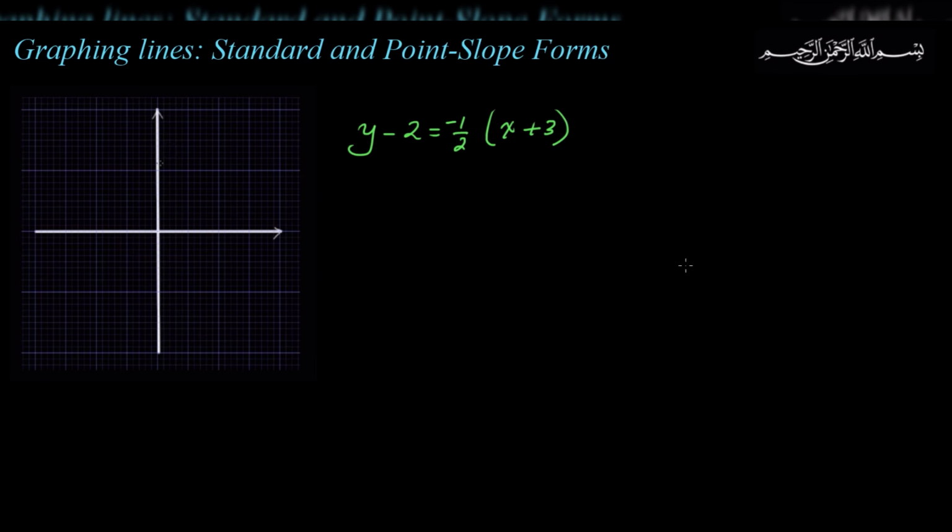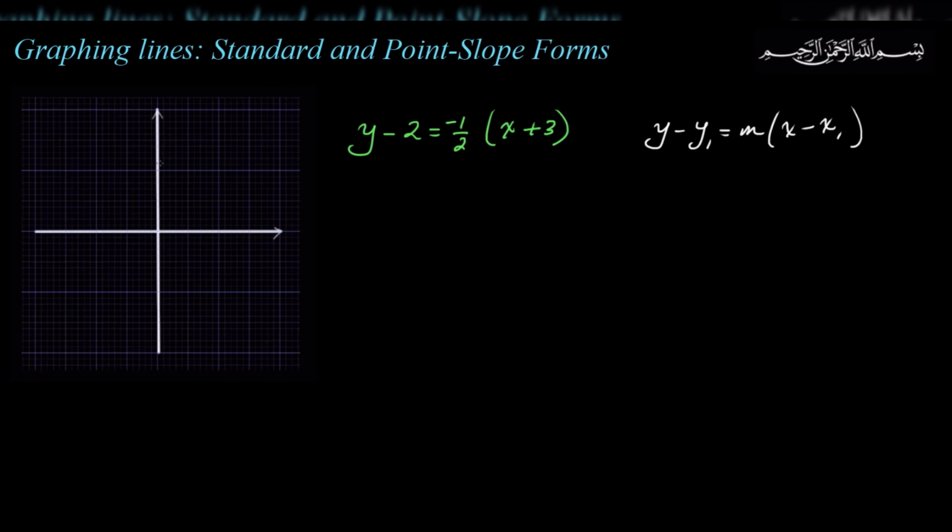Okay, so let's talk about the point slope form. Here's an example of a line that's given to you in the point slope form. If you recall, the point slope form is this: y minus y1 is equal to the slope times x minus x1. This is another way of writing a line, and the other two forms were, of course, the standard form and the slope-intercept form.